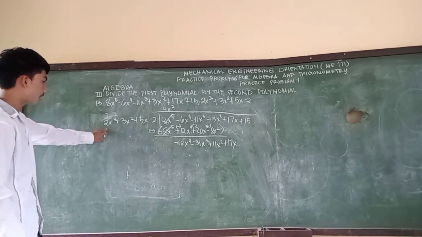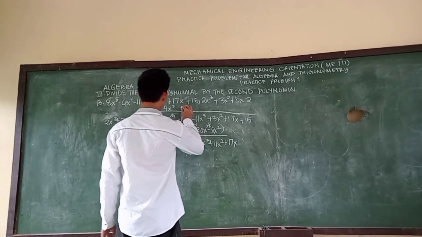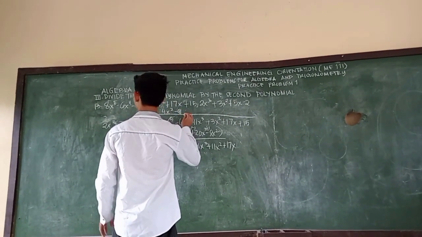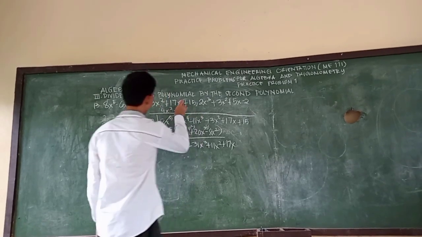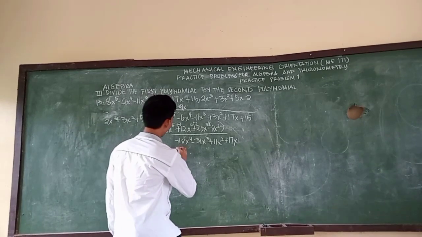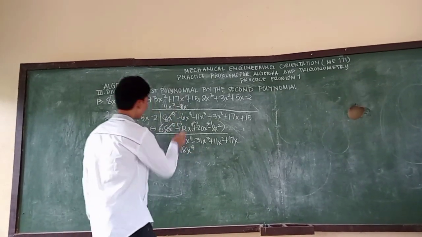Negative 18x to the 4th divided by 2x cubed will give us negative 9x. Negative 9x times 2x cubed is negative 18x to the 4th.